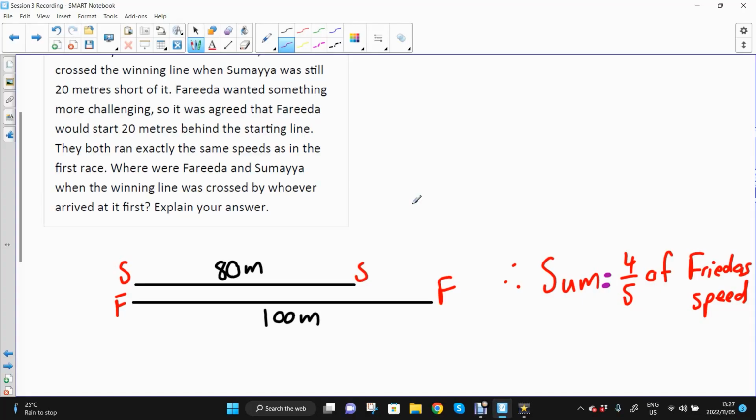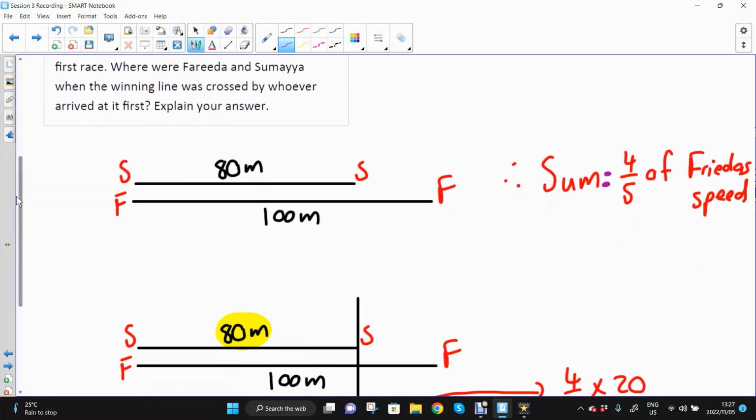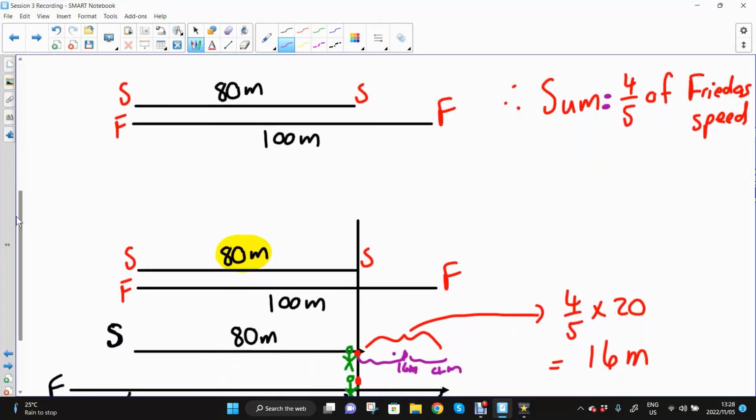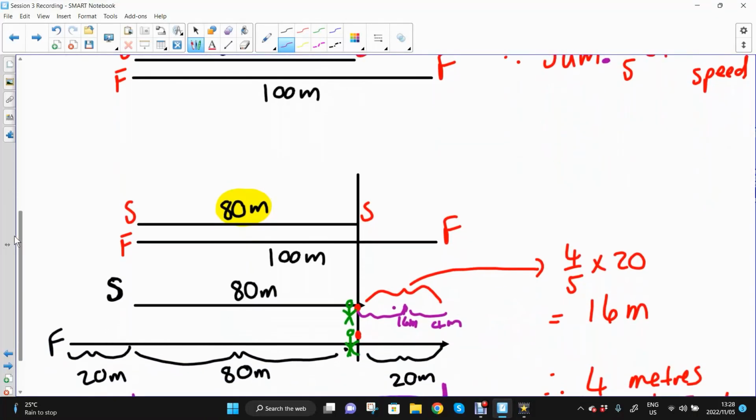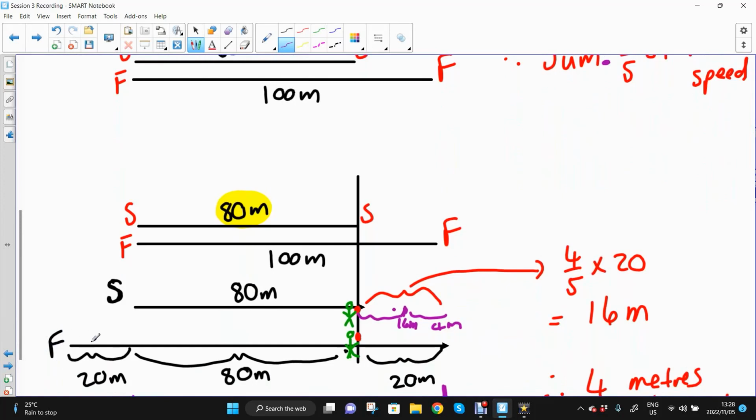Now we need to look at the second scenario. So again, I just drew out the first race. We know that when Sumaya runs 80 meters, Farida will run 100 meters. And that ratio will always stay the same, no matter where Sumaya or Farida is. So the second scenario says that Farida is 20 meters behind when the race starts, so Farida needs to run that 20 meters.